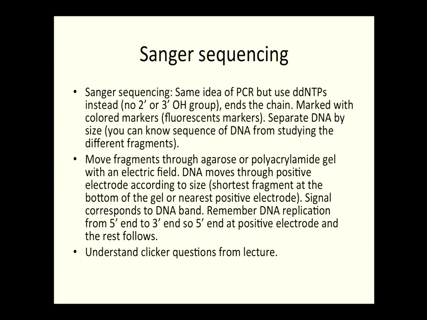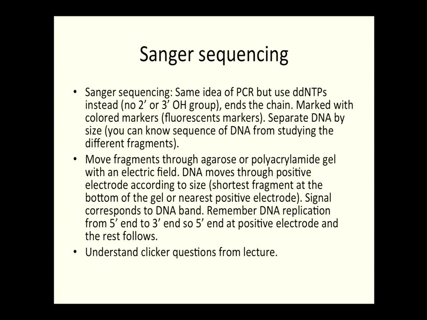All right. So for Sanger sequencing, you have to move the fragments through agarose or polyacrylamide gel with an electric field. Remember that short sequences will be towards the positive electrode, and as you go longer and longer, you'll move towards the negative electrode.